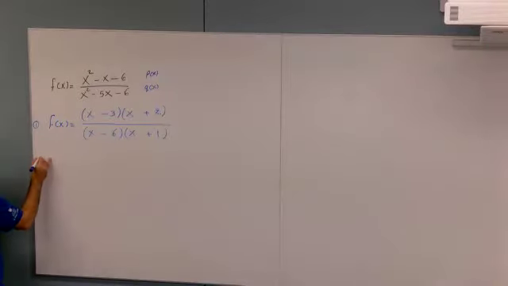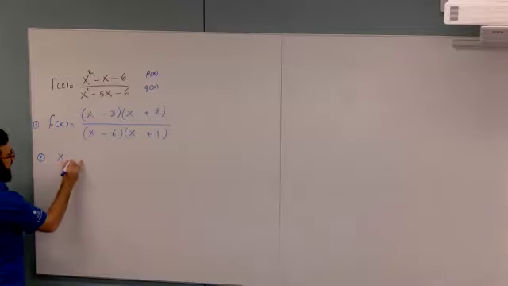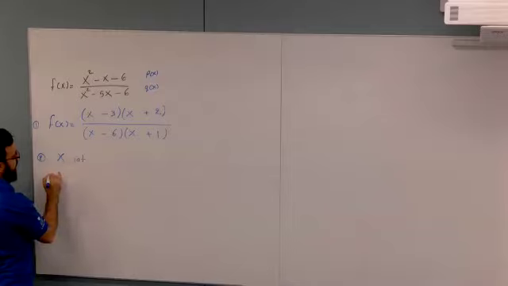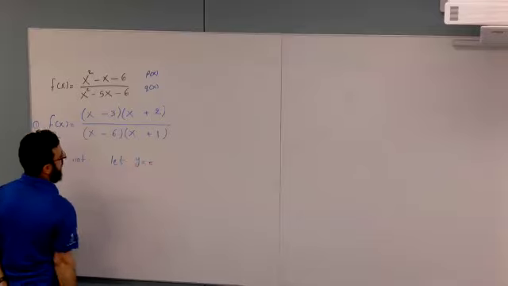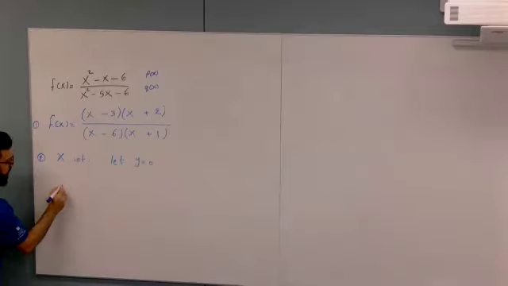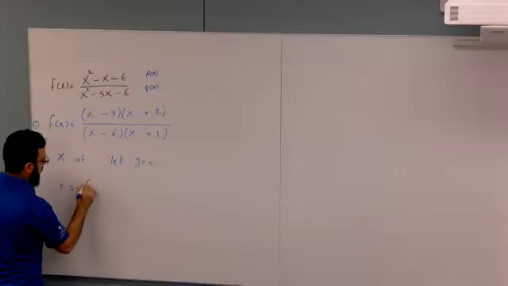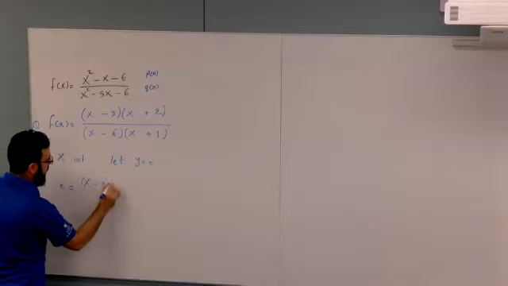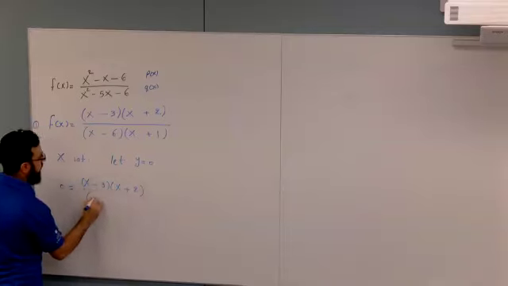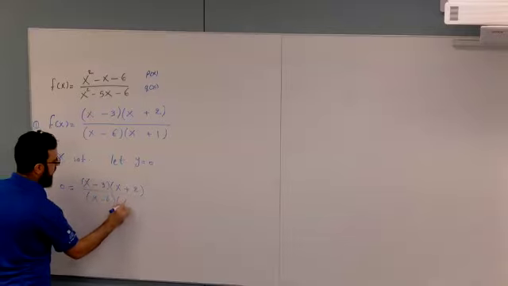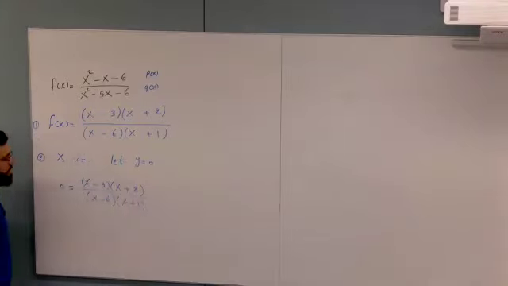Now, next step is to find what? Intercept. X-intercept. How are we gonna find the x-intercept? Let y equal 0. That means 0 is going to be equal to x minus 3, x plus 2, divided by x minus 6, x plus 1. Now, what's the next step? How are we going to solve this one to find the x-intercept?